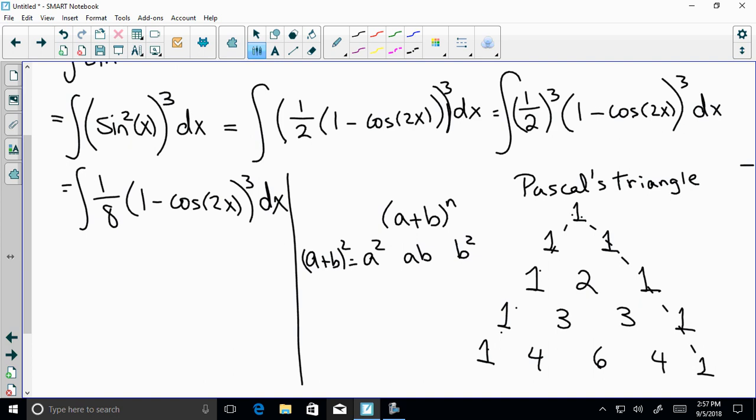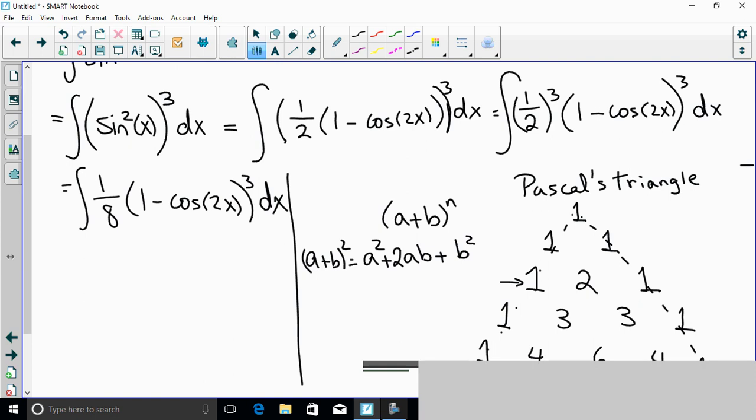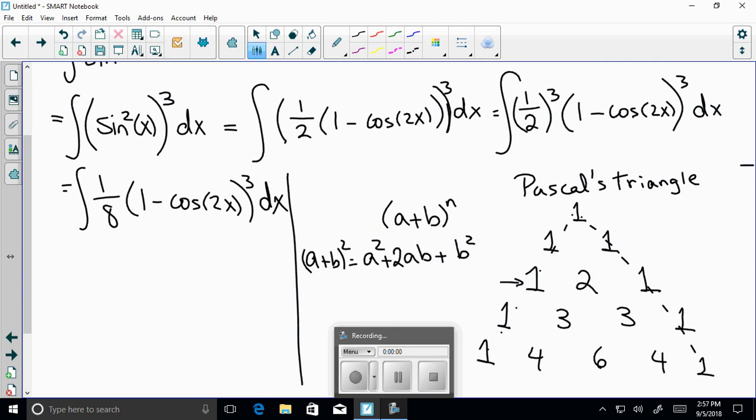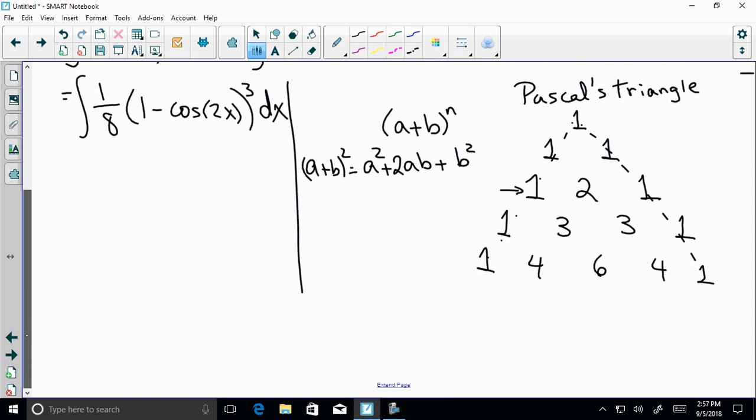Add 1 to b, so you get b to the power of what? 2. Okay? These give the coefficients. So I look at this row. It says the coefficient of the first one is 1, this one is 2, and the last one is 1. So that's what a plus b to the power 2 is. It's a shortcut. Okay? When I gave you that extra credit yesterday, a lot of you got messed up because you weren't multiplying these correctly.